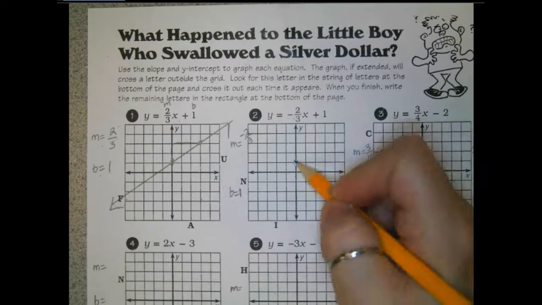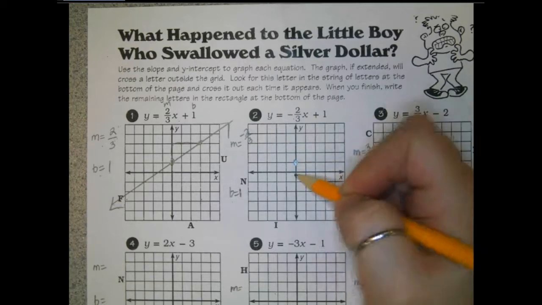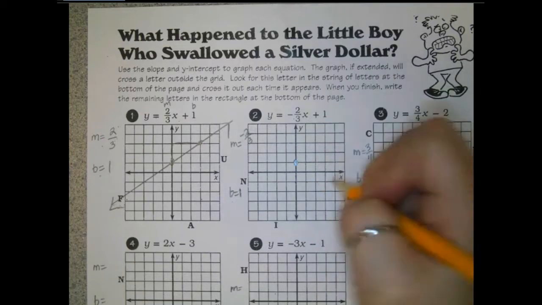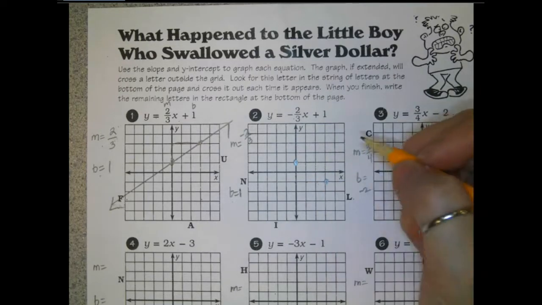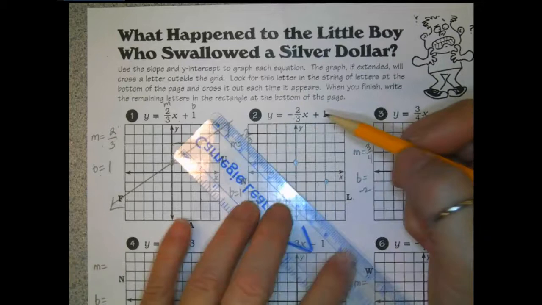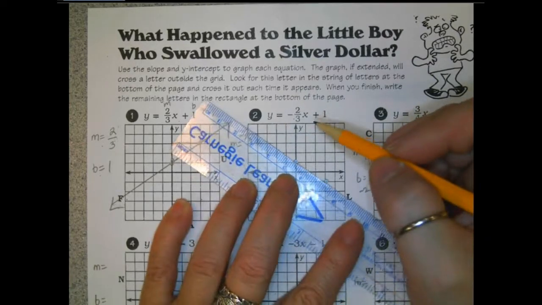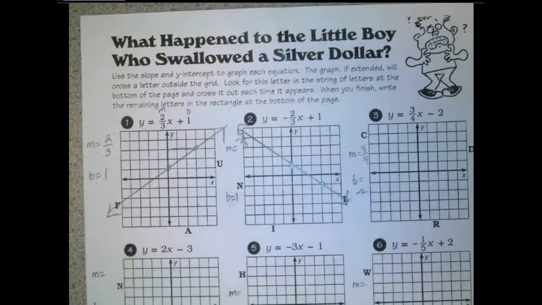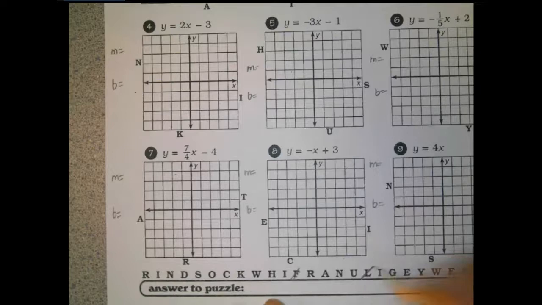So am I going up or down? Down 2 and right how many? 3. Always right 3. This gives me a negative slope, right? It's going downhill. And what letter did I go through? So you're going to go back to the bottom, look for L, and cross it out.